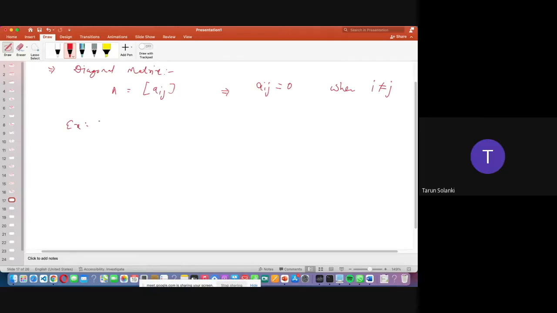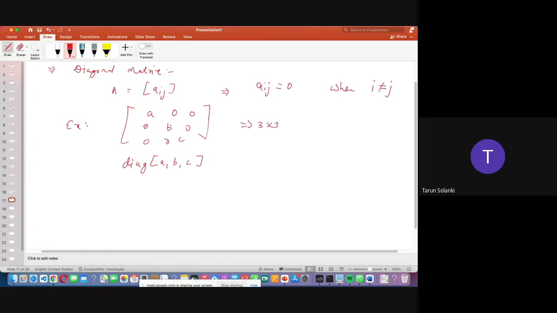Example: a, b, c on the diagonal and zero elsewhere. So it's a diagonal matrix of order 3 into 3, which can be denoted by diag(a, b, c) also.